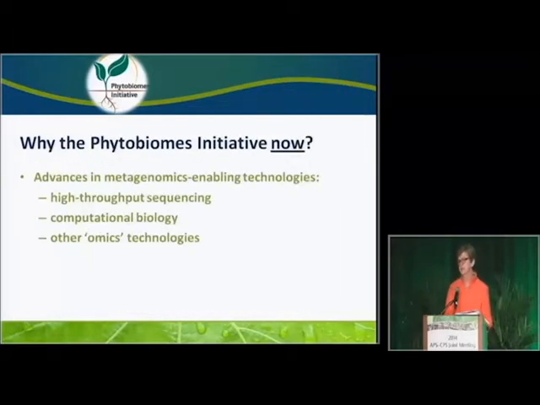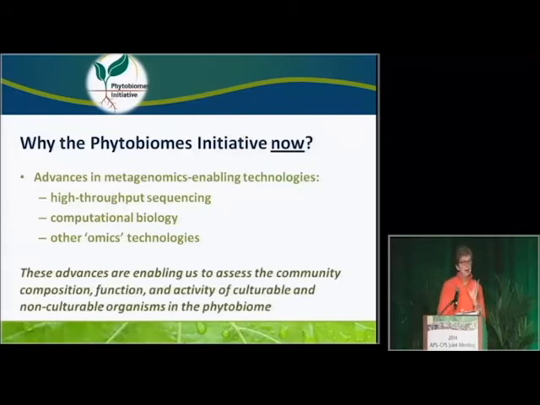Why are we looking at the phytobiomes now? That's because of the technologies. We've had the emergence of new metagenomic enabling capabilities, which allow us now to look at this whole system, to think about it in a much bigger picture. We have high-throughput sequencing technologies, computational biology, genomics, and other omics technologies.